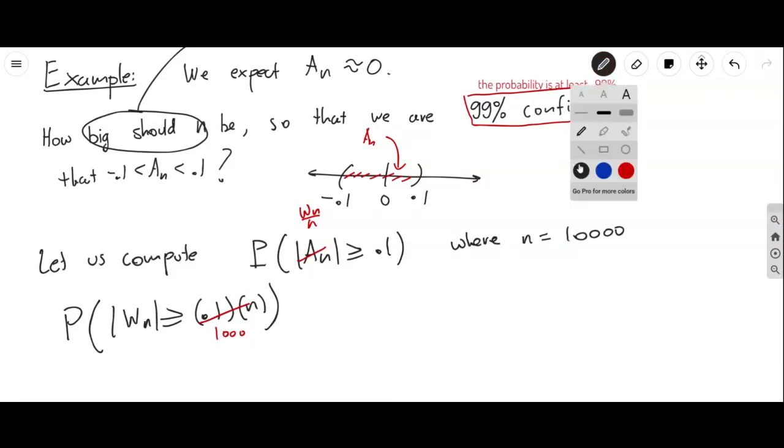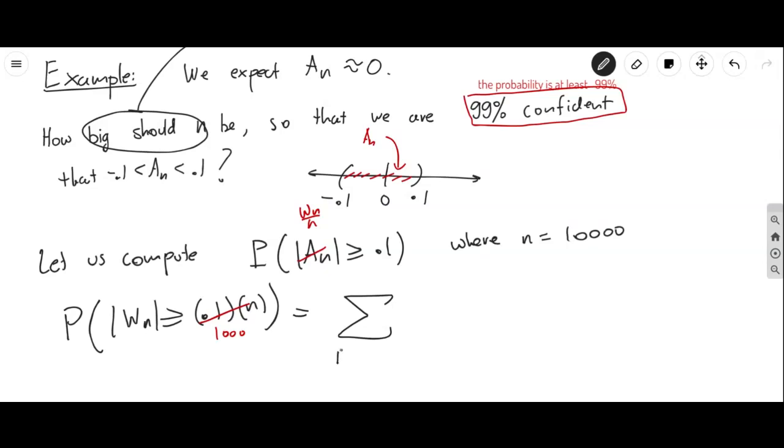And the way you do that is you just sum up all of those values, every integer from 1,000 to the maximum value that the random walk can take. The maximum is when they're all equal to plus 1, and since n is 10,000, you will go all the way up to 10,000.